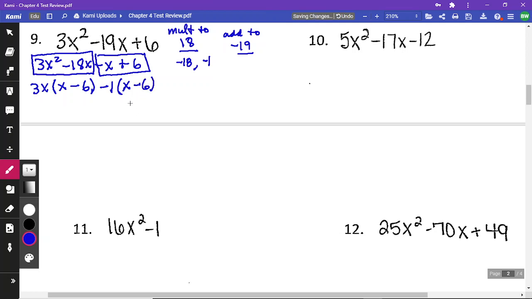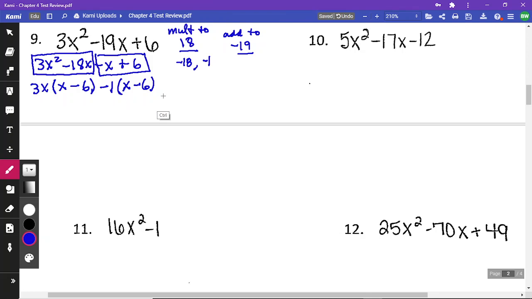Now, the reason you know it's negative 6 is because you're going to multiply this back as a check, right? And you should get what you originally had. Well, negative 1 times x is negative x. Negative 1 times negative 6 is positive 6. So it works, and that's done.